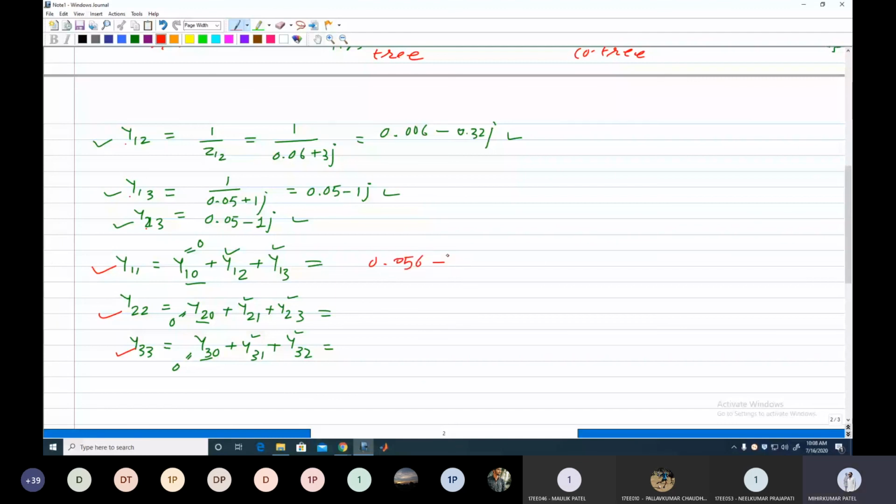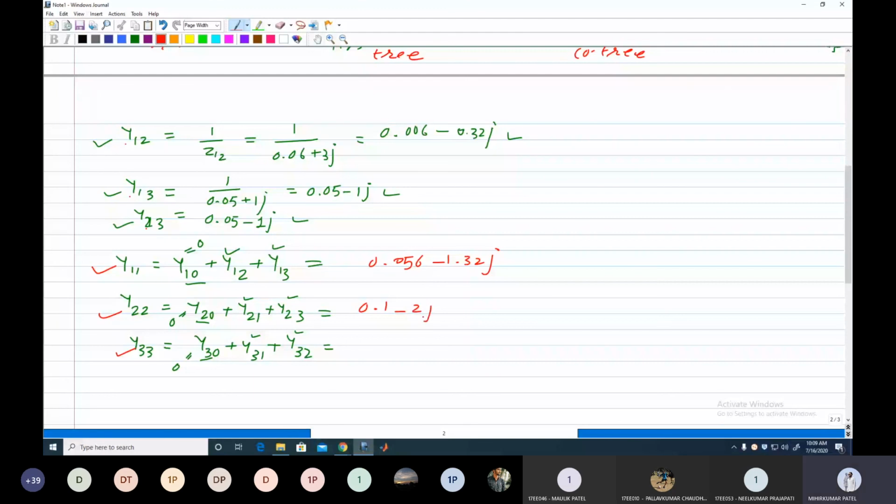Clear? Same way y22 is the summation of these two: 0.1 minus 2j. What is the value of y33?